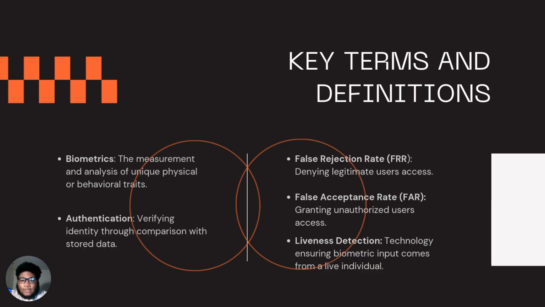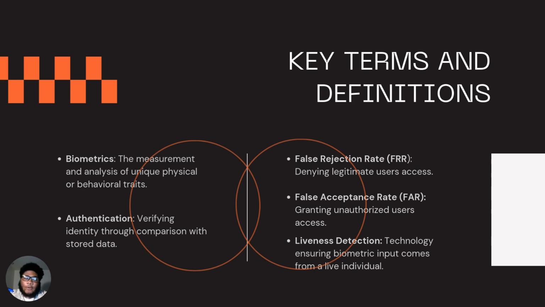Key terms and definitions. To understand biometrics, we need to define a few key terms. Biometric refers to the analysis of unique traits, while authentication is the process of verifying someone's identity.